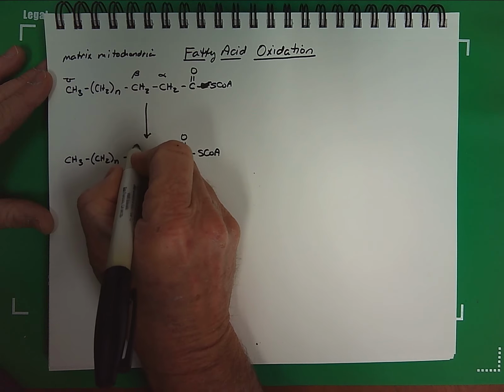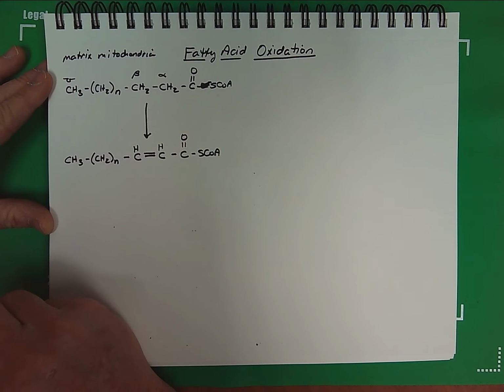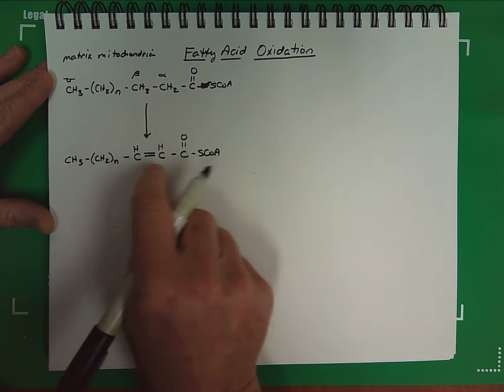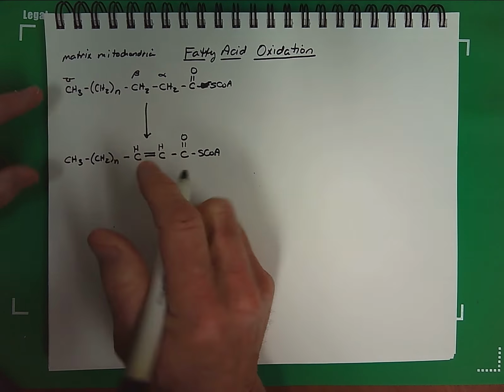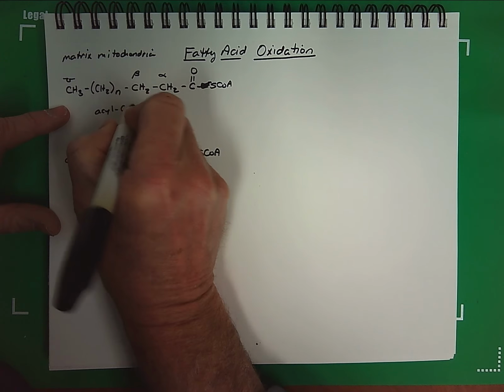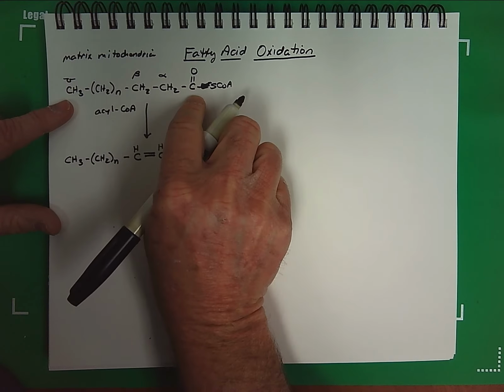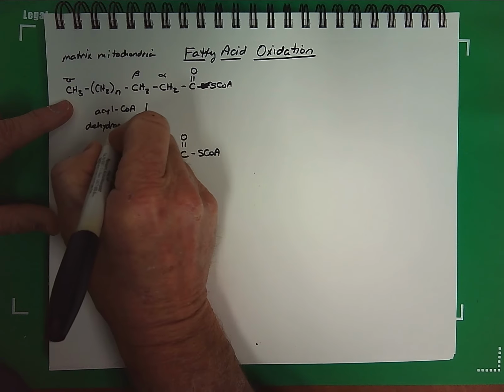We are going to be introducing a double bond between the alpha and beta carbon. So this double bond is going to be introduced by a dehydrogenase enzyme. The enzyme is called acyl-CoA, referring to the original fatty acyl-CoA structure, dehydrogenase.